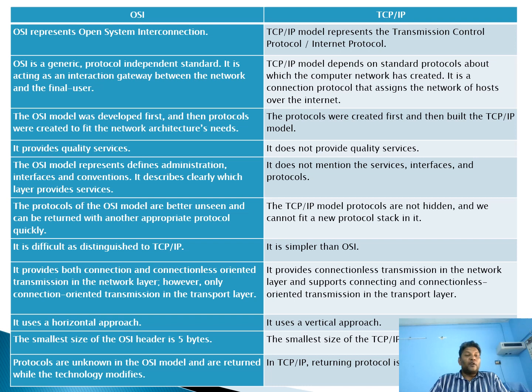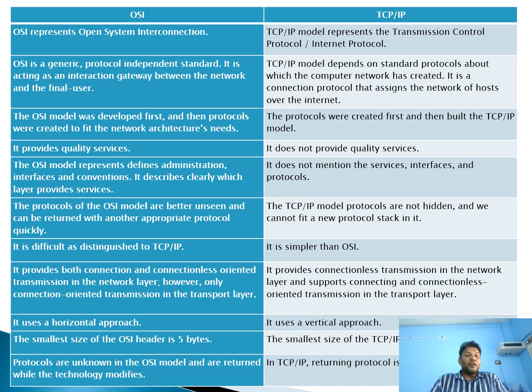The OSI model was developed first and then the protocols were created to fit the network architecture needs. In TCP/IP, the protocols were created first and then the TCP/IP model was built. The OSI model provides quality of services, while TCP/IP does not provide quality of services.